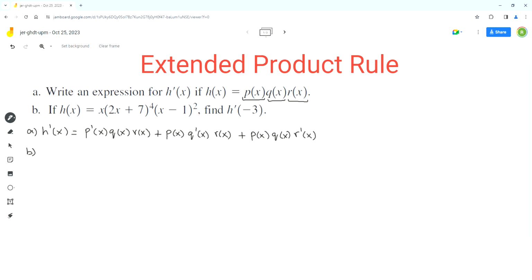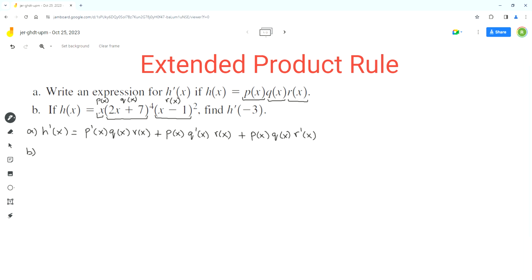Now this function h of x is made up of three functions being multiplied. The first one is x, the second one is (2x plus 7) exponent 4, and the third one is (x minus 1) exponent 2. So we can consider the first function x as p of x, the second function as q of x, so it will become easy to reference these three functions, and then the third function as r of x.